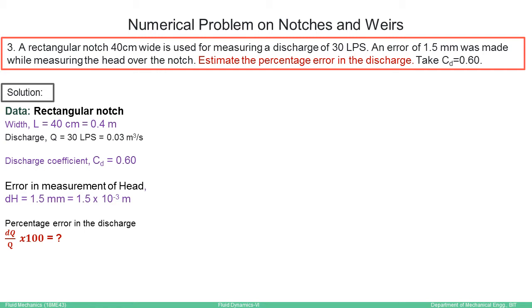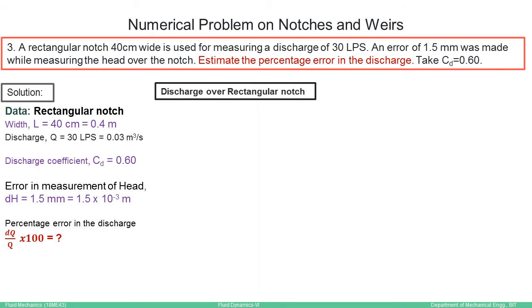So dH is 1.5 millimeter or 1.5 into 10 power minus 3 meter. So you are expected to know what is the percentage error in the discharge, that is dQ with respect to the total discharge multiplied by 100.